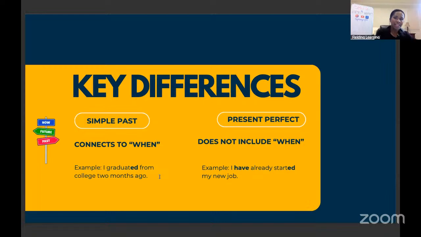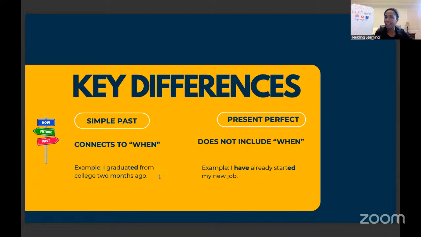Now, the present perfect does not include when. You don't know when that happened. Okay, so the example over here would be: I have already started my new job. Notice that you see the have, in this case is have because it's the first person. I have already started my new job.